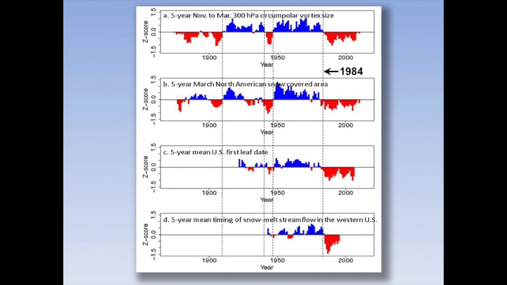You can also do this in stacked time series. So the 300 millibar circumpolar vortex size, the snow-covered area in North America in March, the first leaf date, again, these are 5-year averages.